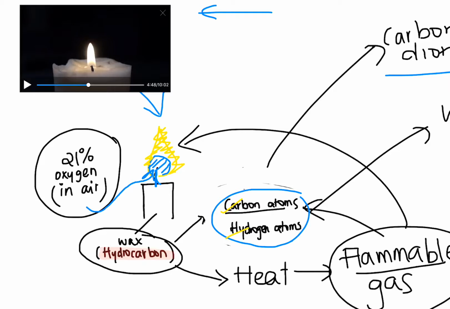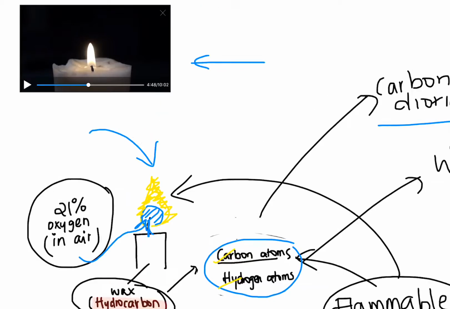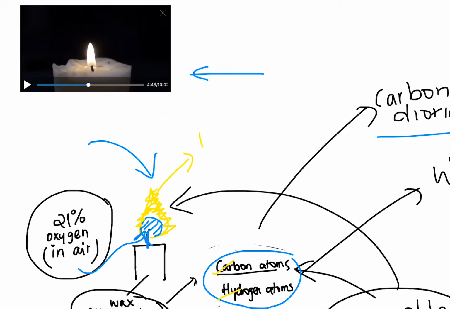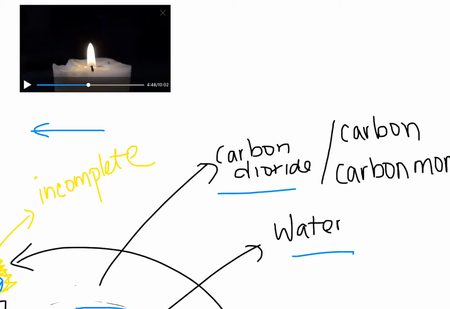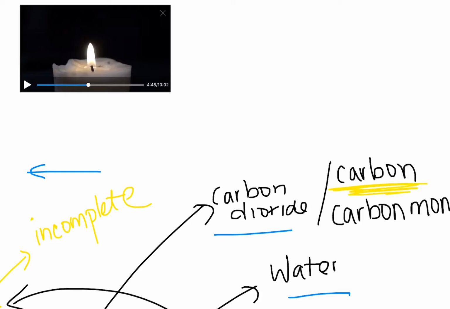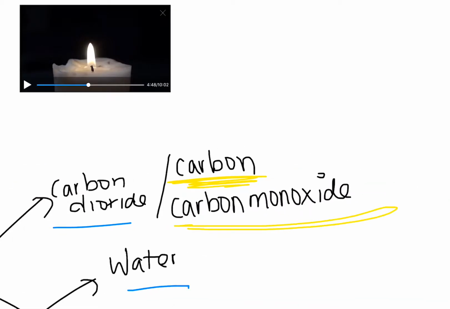Because there is a limited amount of oxygen in that region, you have incomplete combustion, and this is why you have that yellow flame. If you put anything on top of a candle in that yellow flame, you will see a deposit of carbon, and this flame is what produces carbon monoxide.